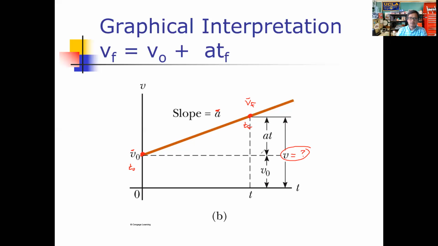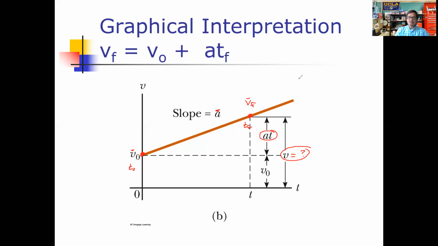From this graph here, what we see then is if we go up here, this distance here represents v initial. This distance here represents the velocity that we will need to get to this final velocity. So a times t. Let's do a unit analysis of acceleration times time at this point.